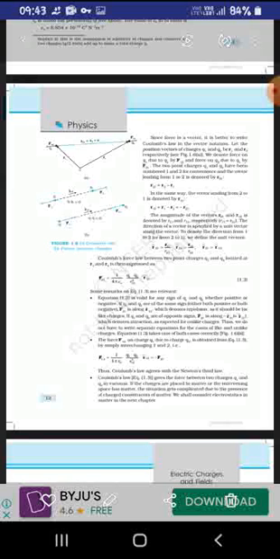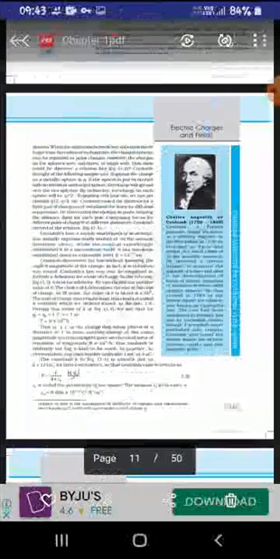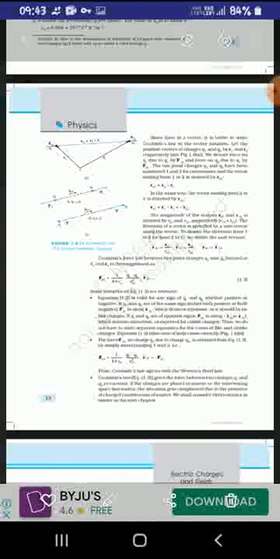So the force F21 is equal to 1 by 4 pi epsilon 0, the permittivity of free space, into Q1 Q2 by r21 squared, times r21 hat. So this is the equation, and some remarks on this equation are relevant.